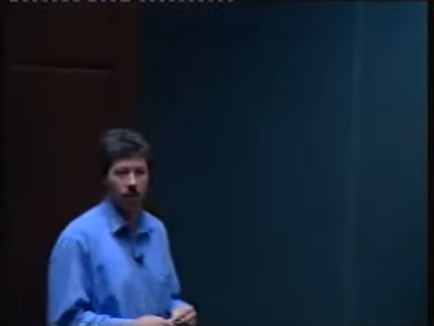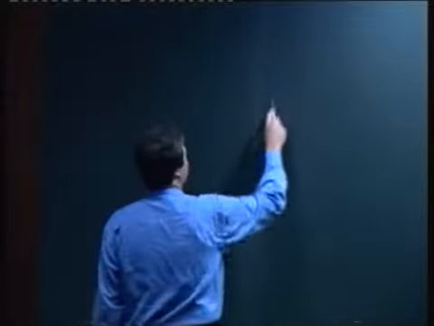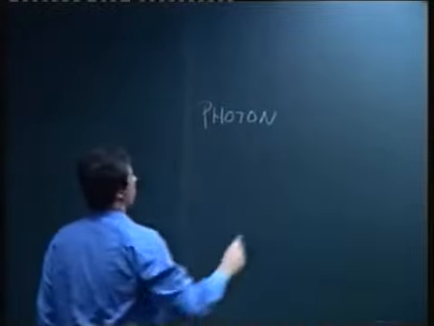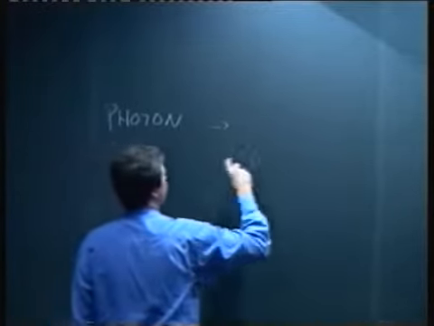So the photon, I didn't describe yet the photon field. I talked about quantum fields for spin 0 and spin 1/2 particles. The photon is a spin 1 field. And as you probably all know, the field corresponding to the photon is the electromagnetic potential.